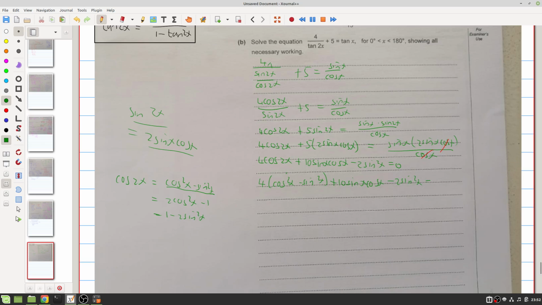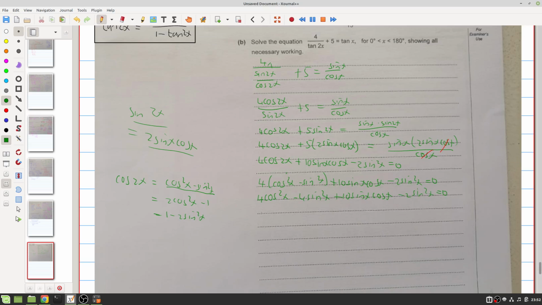Sin squared x equals 0. Okay, multiply the 4 in. So 4 cos squared x minus 4 sin squared x plus 10 sin x cos x minus 2 sin squared x equals 0. Okay, collect like terms.